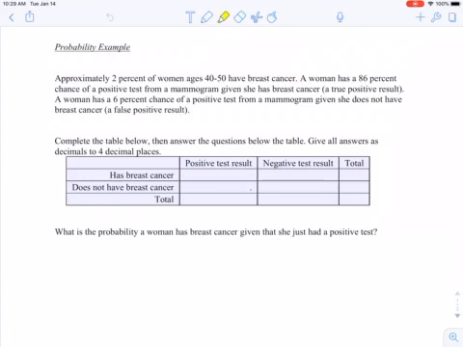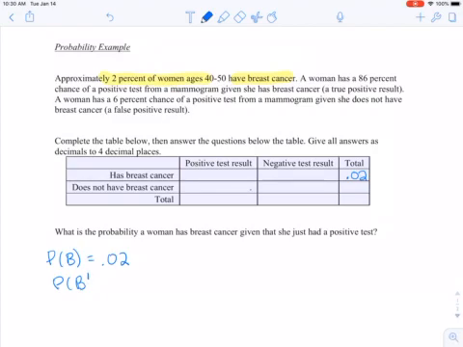Okay, it's telling us 2% of women have breast cancer. So that's telling us the probability that they have breast cancer equals 0.02, right? So when we look at the contingency table, this row total is going to be 0.02. So the probability that they don't have breast cancer is going to be the complement of that.